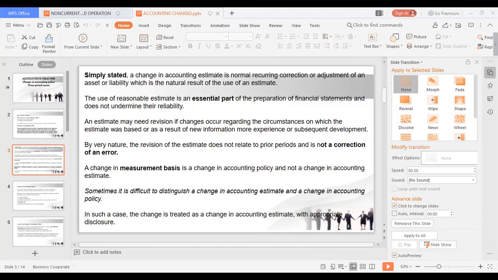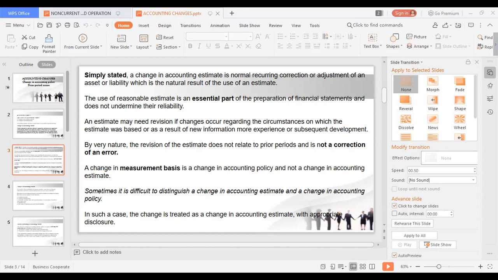The entity changed to the straight line method on January 1, 2020. So what is the depreciation for 2020? If we now have the carrying amount of 1,536,000 by December 31, 2019, so by 2020, we have to divide 1,536,000 by a period of 8 years.